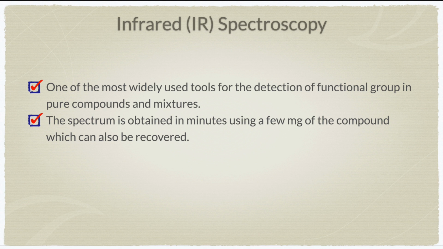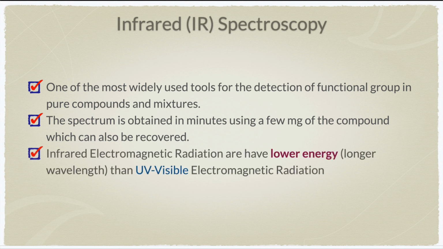So there's no loss of the compound after the spectra is taken. And the third point is that, just like I have mentioned earlier, infrared electromagnetic radiation has lower energy because it obviously has a longer wavelength than the UV visible electromagnetic radiation.